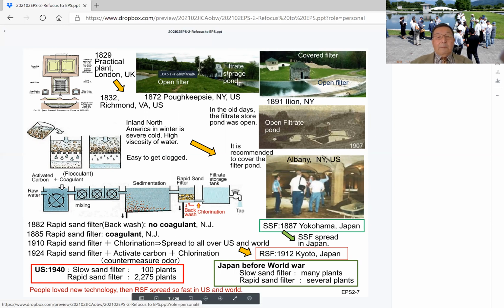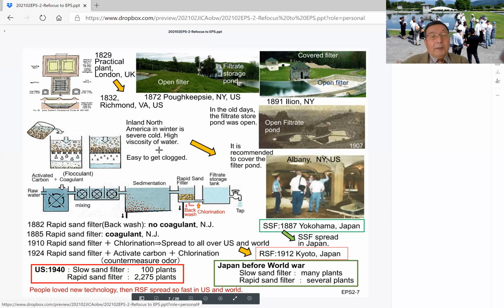In this photograph, I found that this part is an open filtration pond. This cavity is open, the filter is open.